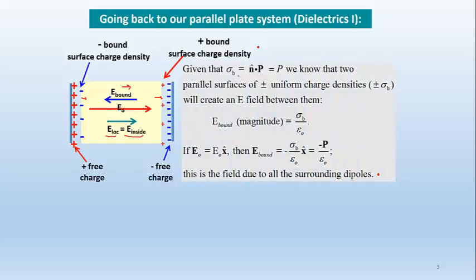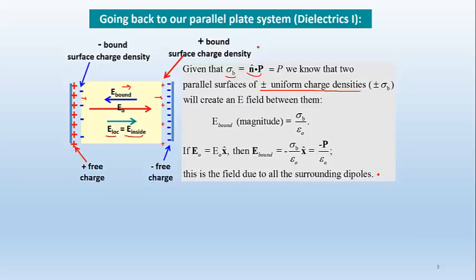So if we start here with the definition of sigma b in terms of the polarization, it came out that it was the normal vector to the surface dot P. Well, because P is parallel to the z-axis, or this direction here, then we know that the two parallel surfaces of uniform charge density will be plus and minus sigma b.